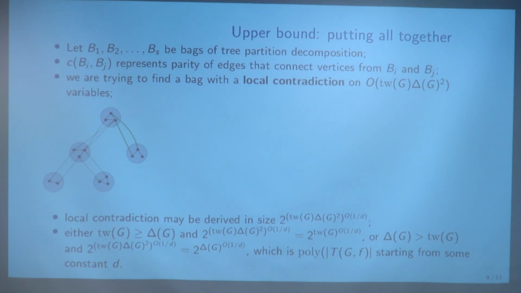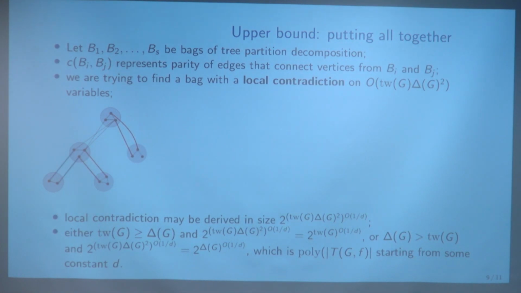Then we will be considering cases. So first we take a leaf of our tree, and if there is a contradiction in this leaf, we locate it, and otherwise we know exactly what value of parity we should get on these edges, on these red edges. And then we continue this procedure. We take another leaf and then another leaf.